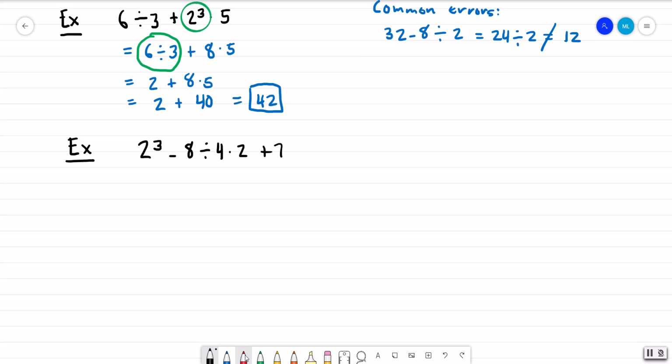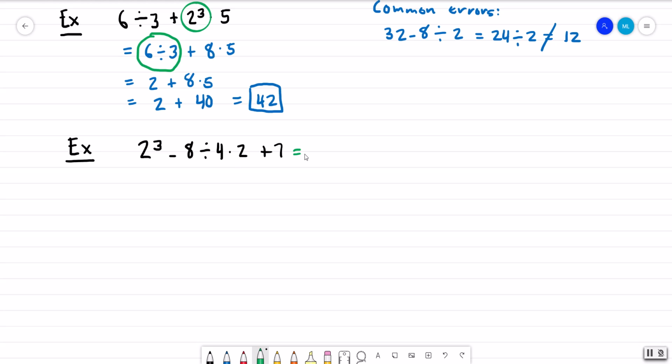I want to try to simplify it by using the order of operations. This seems a little like the common error example, but let's go ahead and just work this out.